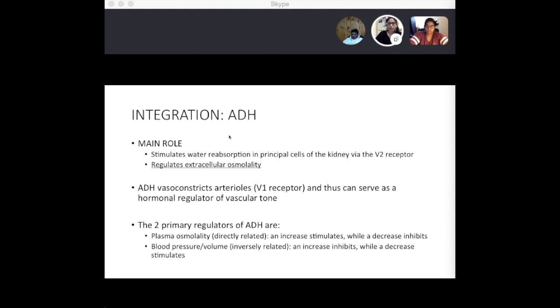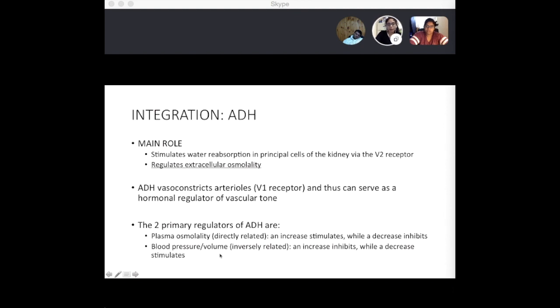The two primary regulators of ADH are plasma osmolality, which is directly related. So if there is an increase in the osmolality, that's going to increase ADH. And if there's a decrease in osmolality, it's going to decrease ADH.